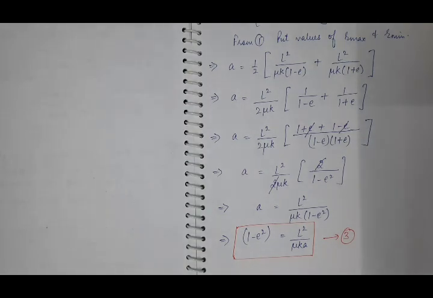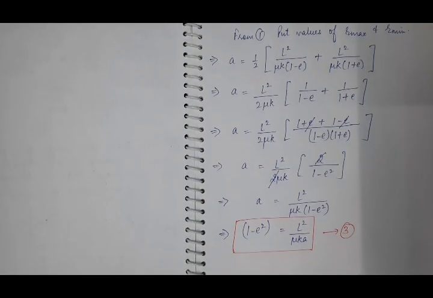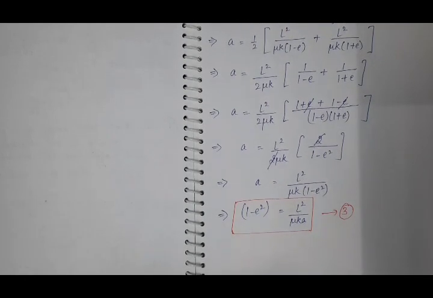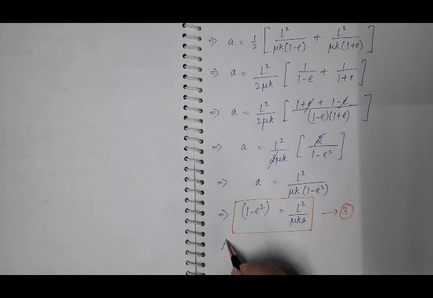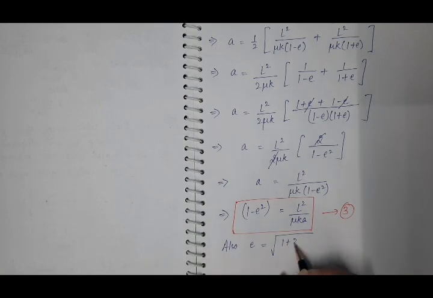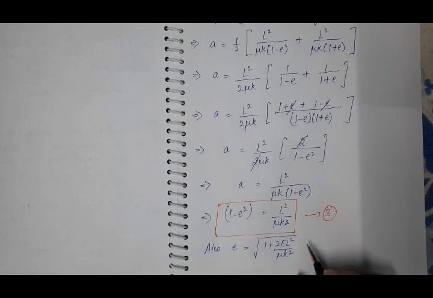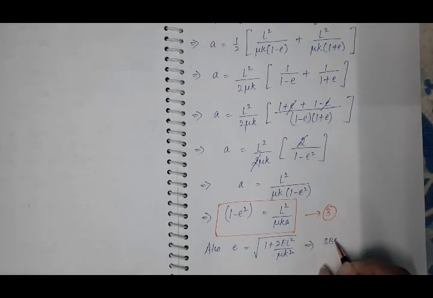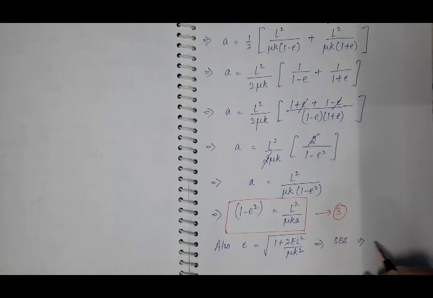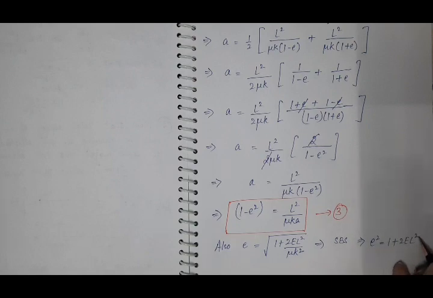Also find the value of 1 minus e square from the expression of eccentricity in terms of energy. So also, eccentricity e is equal to root of 1 plus 2EL square by mu k square. Then squaring both sides, you will get e square is equal to 1 plus 2EL square by mu k square.